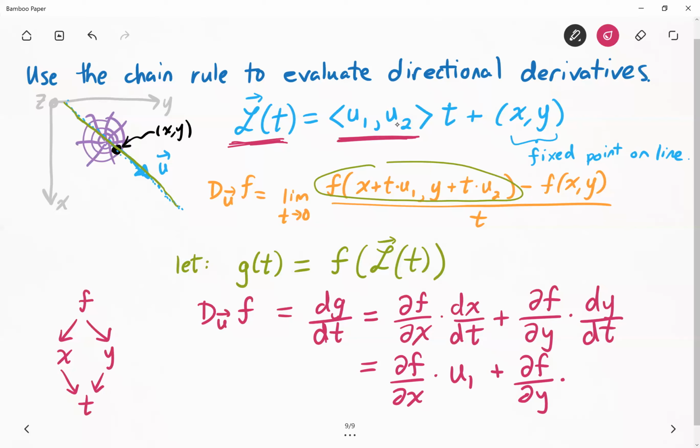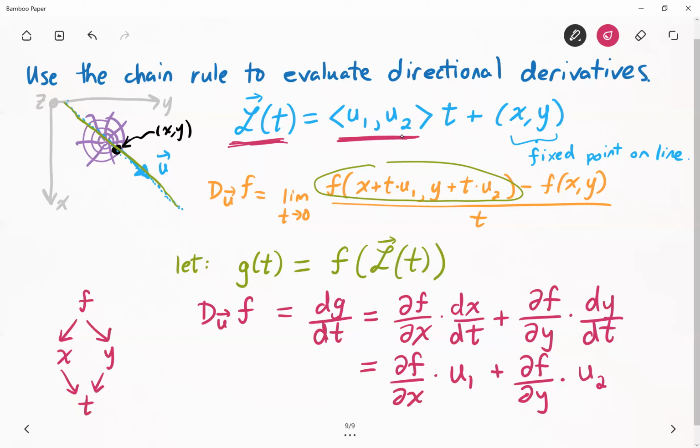Let's move along this line. Again, along this line, we're fixing the point xy. I'm fixing this point right here. And then, as t changes, the base point is changing by this value u2. So this is u2 right here.